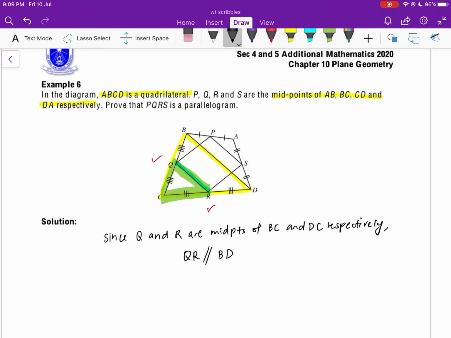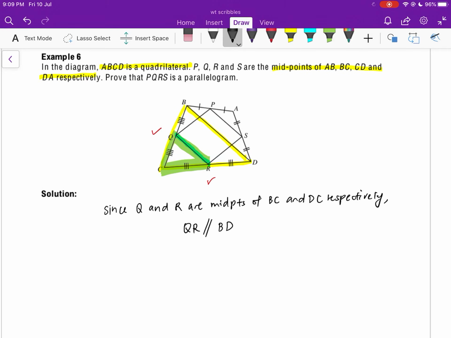Next, now we take a look at this small triangle. So I'm going to erase the triangle. So you know that this is the midpoint theorem. Since they are midpoints, we can conclude that the two lines QR and BD are parallel to each other.